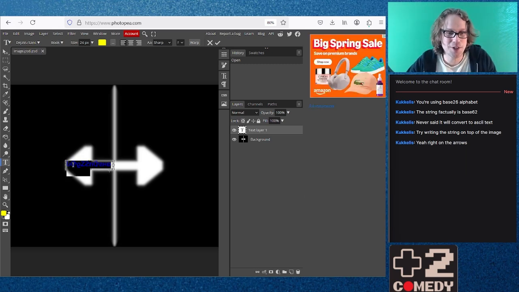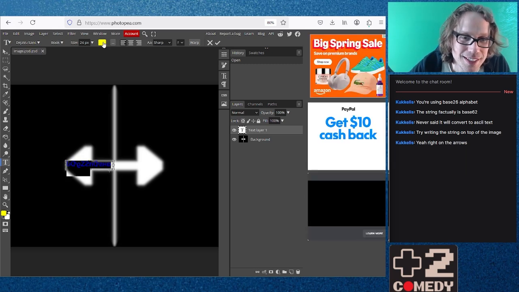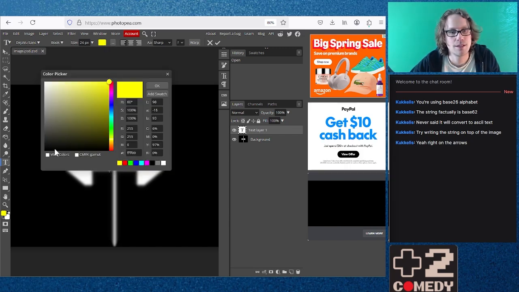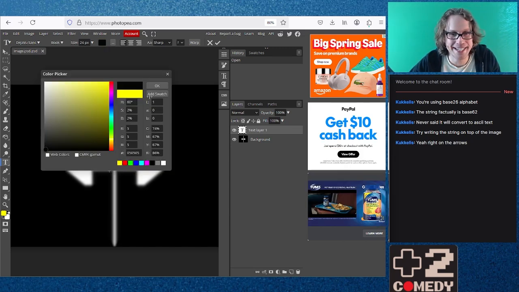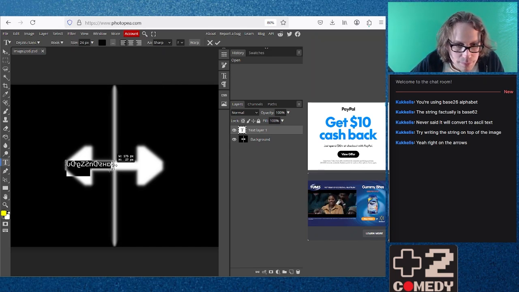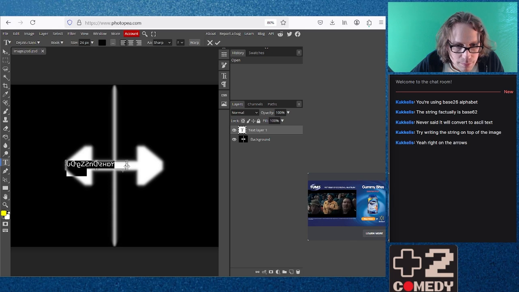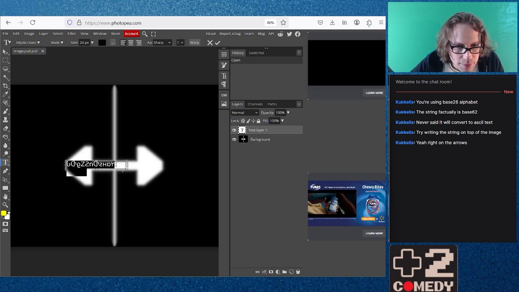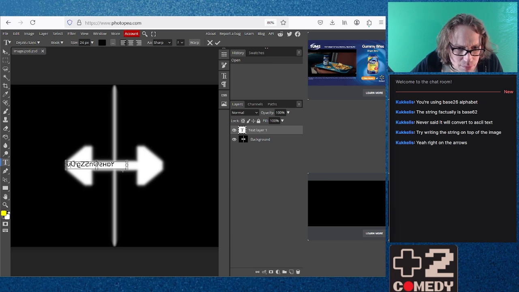That's a frustrating color for you to have chosen. Let's go with black. Is that the whole thing, or is there more down? That's the whole thing.